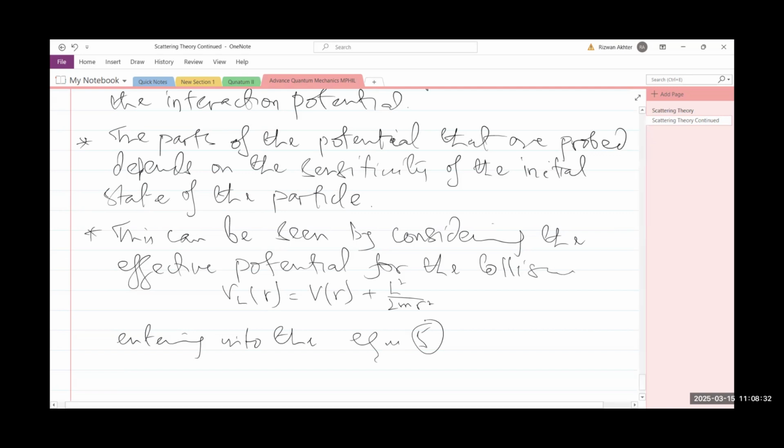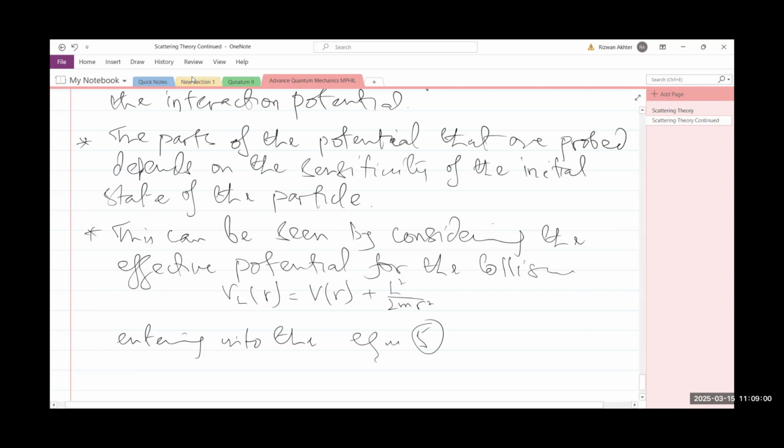So इसको study करने के लिए, let's say we consider a potential plot for several, in fact different, choices of angular momentum, to see for which values of angular momentum the particles would have interactions, and for which values the particles would not have an interaction.